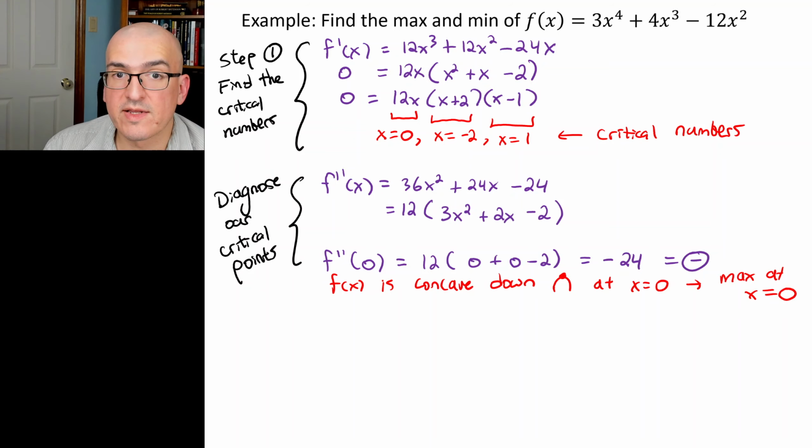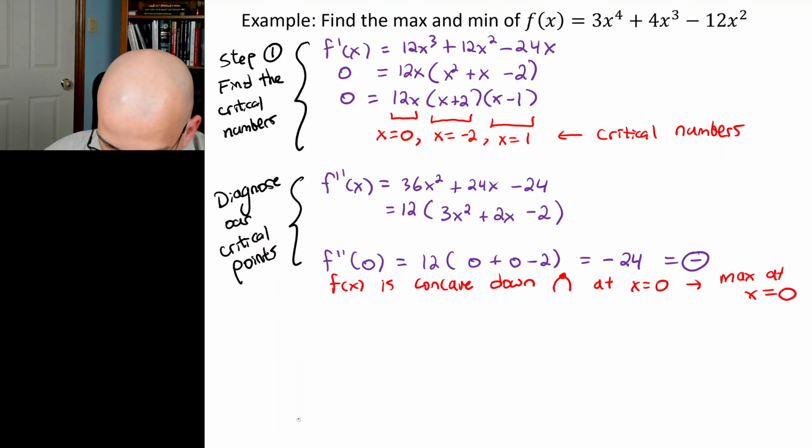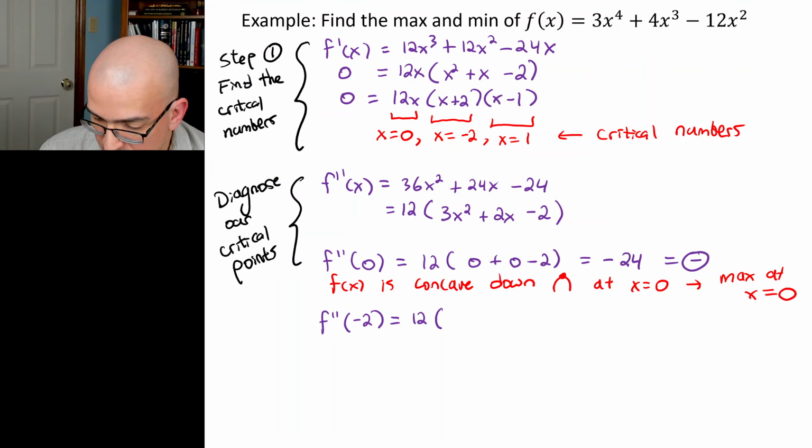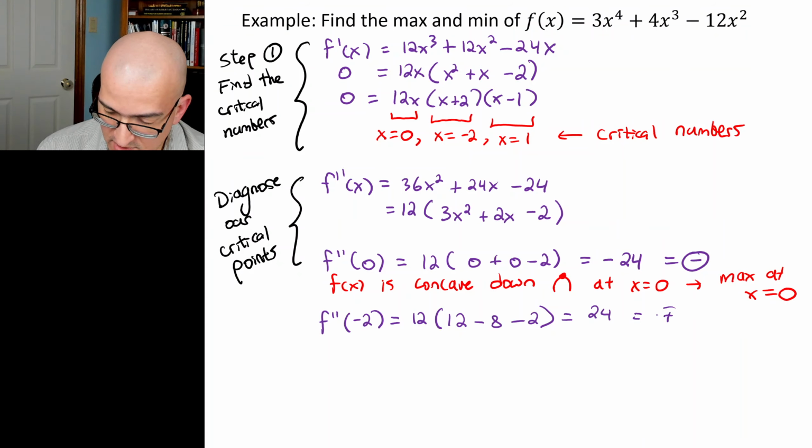And we could plug that into the original function and get the corresponding y value. f double prime of x at negative 2: so we're going to have 12 times 3 times 4 minus 8 minus 2. We get positive 24, so something positive.